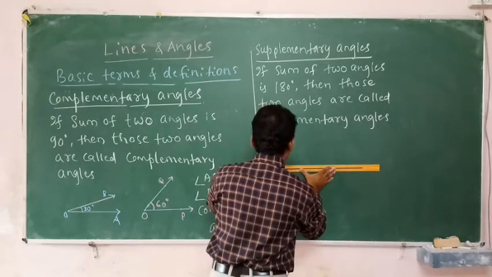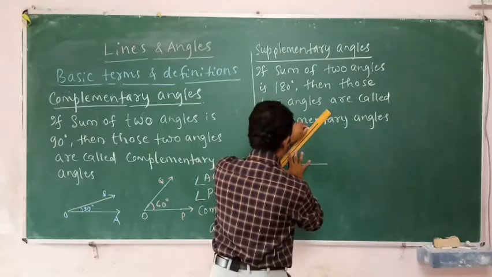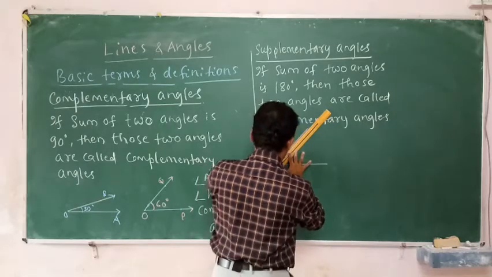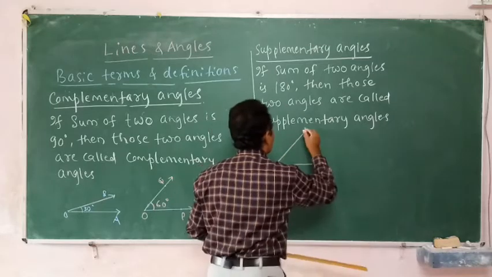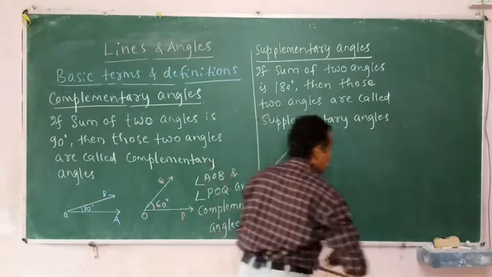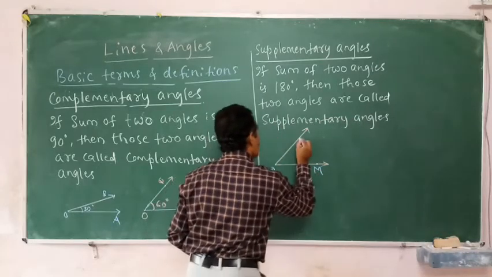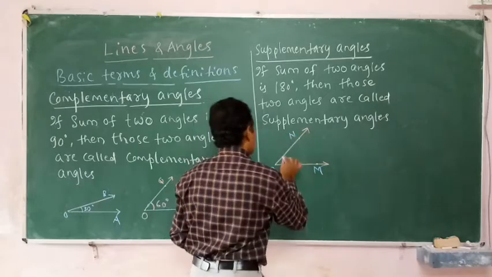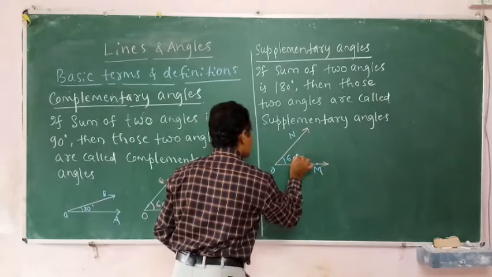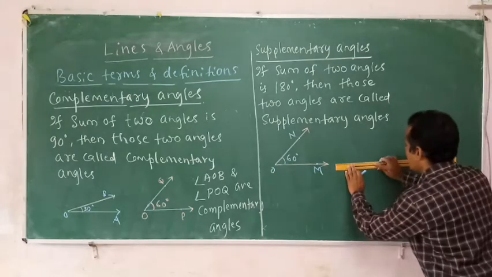Let me take your first angle. Let me call it MON. Let me call this 60 degrees. Let me go for the second angle.